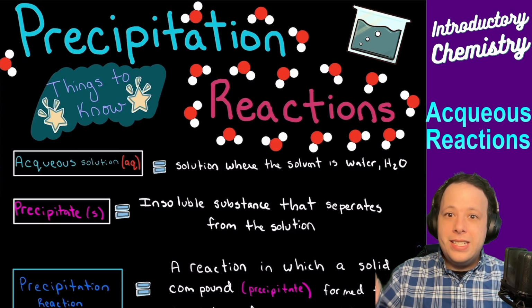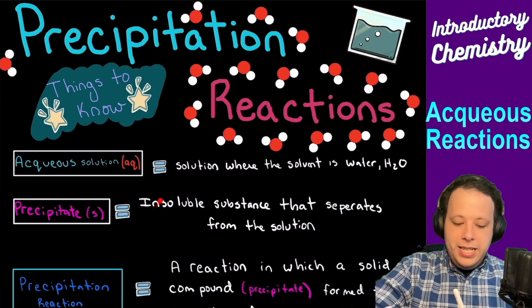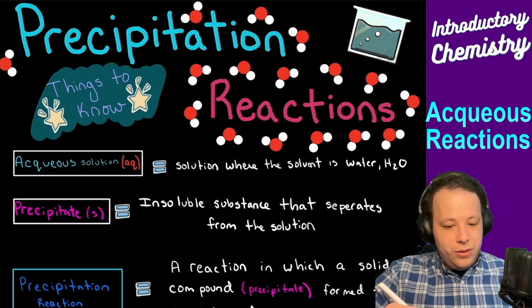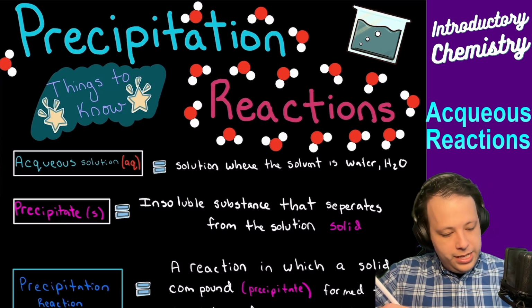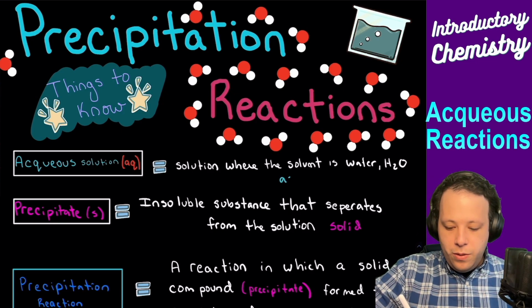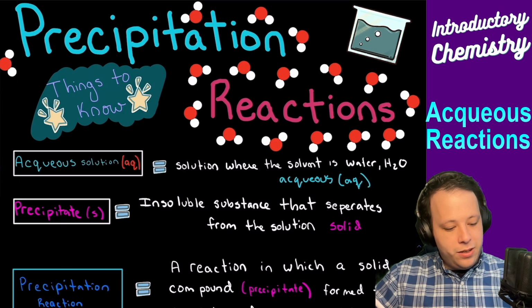Or is it something that is insoluble that separates from the individual solution and actually makes a solid as a result? So that's what we're going to be trying to look at here: is something going to be a solid, or is it going to be aqueous?